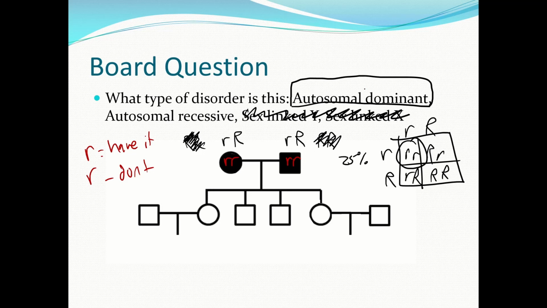It's skipping a generation, but it has to be dominant, because it's only a 25% chance, so they just won the lottery, right? All 4 kids, 1 in 4 chance of not having it, and they all didn't have it. So the only way for this to work is if it's dominant, right? Because if it was recessive, they'd have to have both small r's to both have it, and all the kids would have to have it then as well. Okay, any questions, let me know.